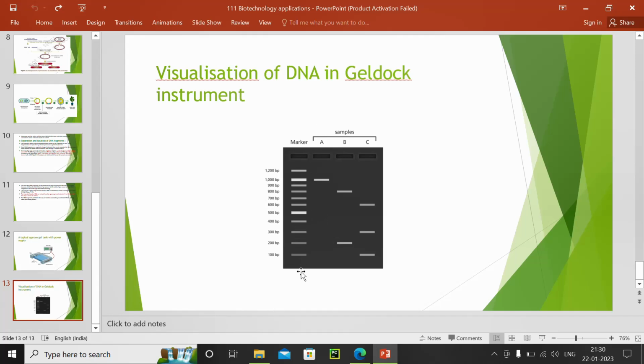By comparing to the standard we can say that sample A contains a 100 base pair fragment, B contains a 200 base pair fragment, and a 750 base pair fragment was contributed by sample B. So this is how we isolate the DNA.